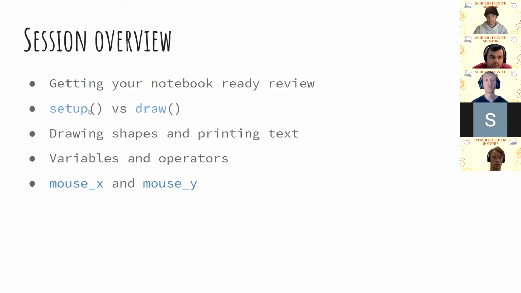There's a part for doing some setup code, and we've got a draw part. Then we'll learn about how to draw shapes, how to output some text, and then we'll learn about variables and operators. And at the end, we will go through a bit of interaction of how you can use your mouse to interact with what you're drawing.